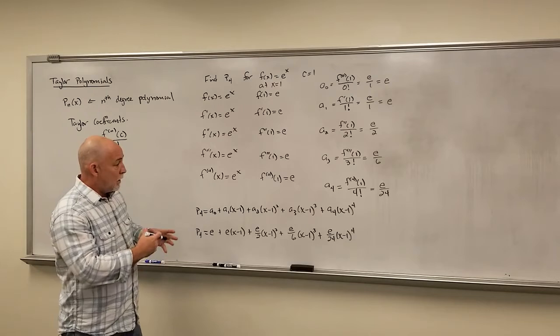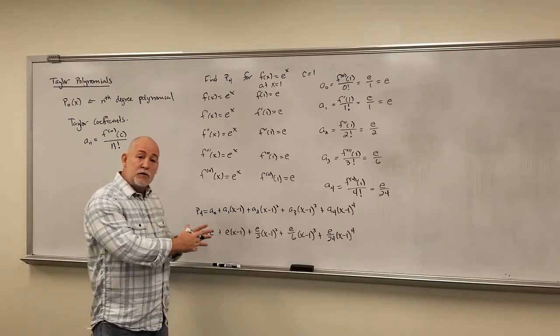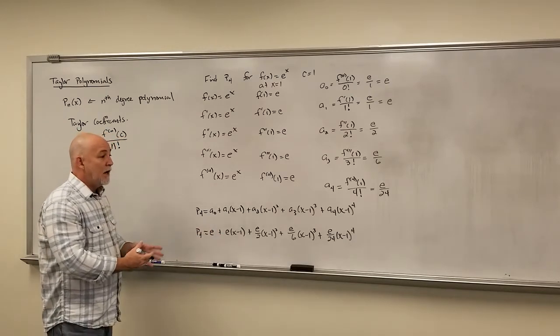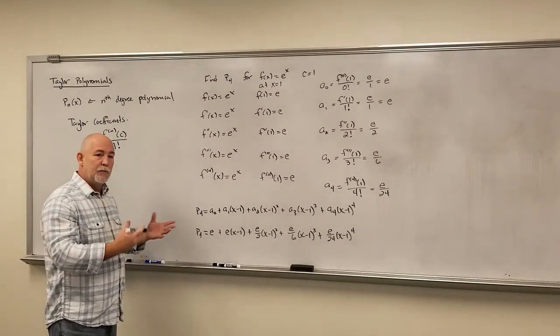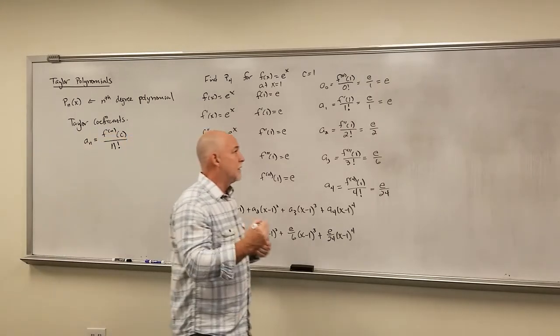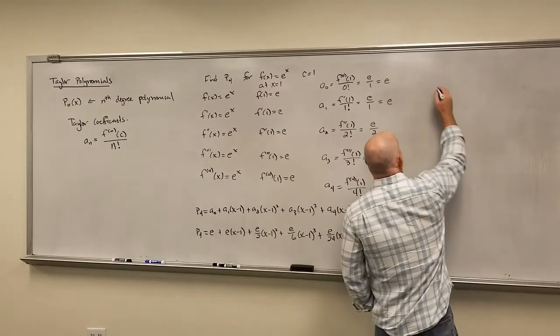All right, so we've seen that this will approximate a function close to our center, but how do we know how good the approximation is? Well, that gets a little more complicated.